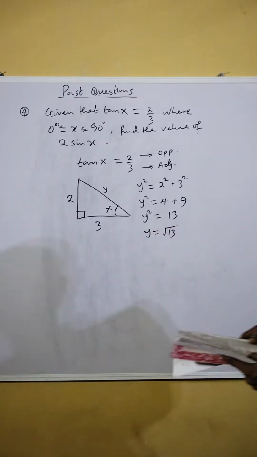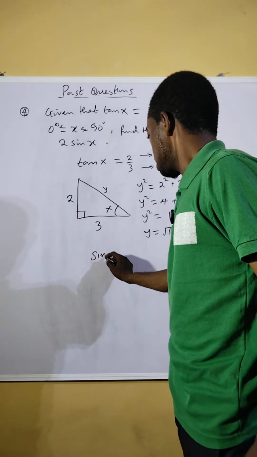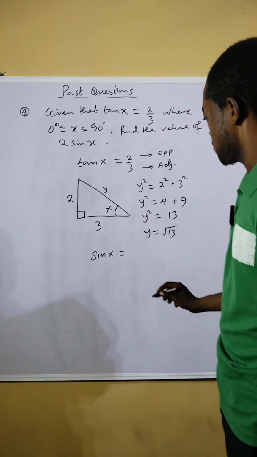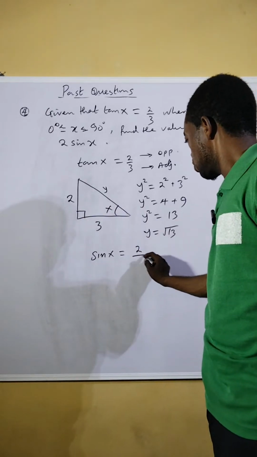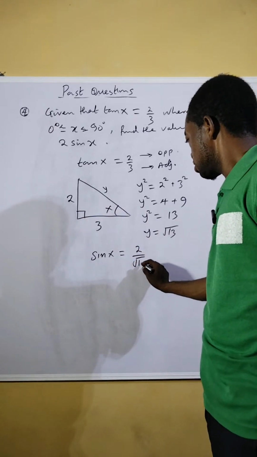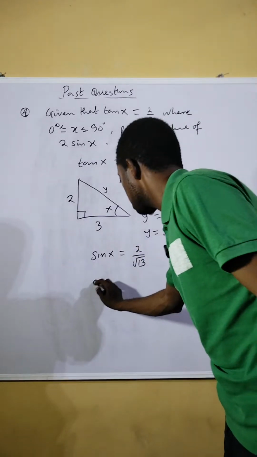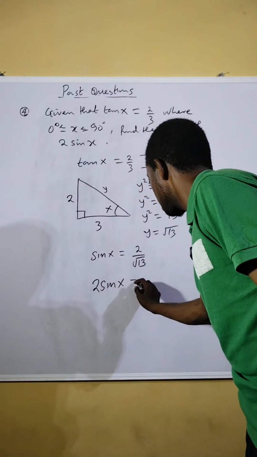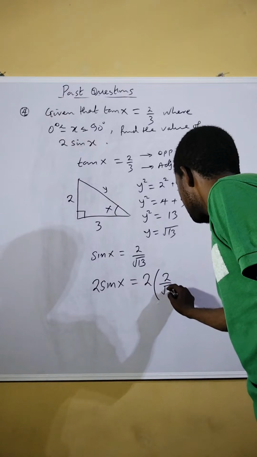Now, if y is root 13 and you are finding 2 sine x, first sine x here is opposite over hypotenuse. That's 2 over root 13. That's the ratio for sine. And 2 sine x now implies we have 2 times 2 over root 13.